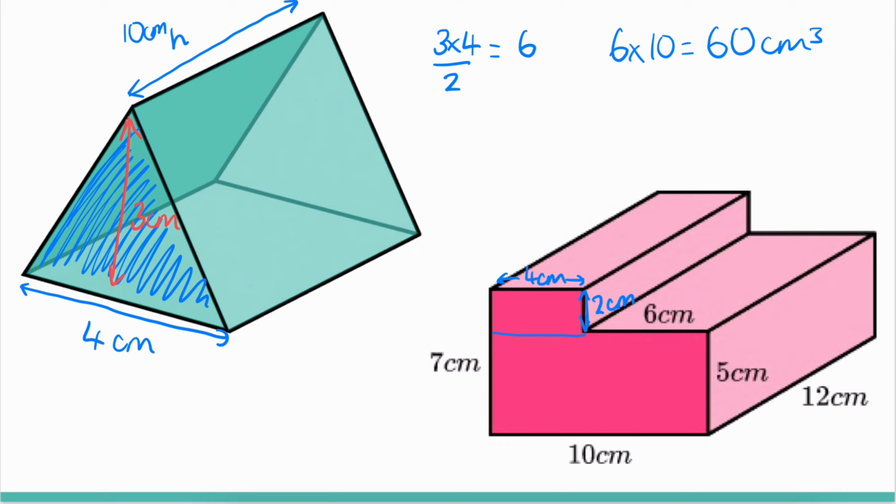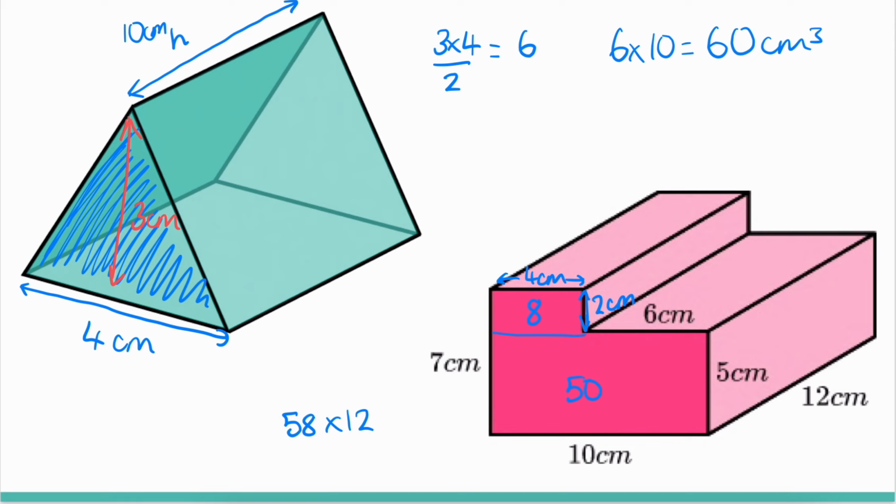So this first top rectangle is 4 times 2, which is 8. And then this bottom one here is 5 times 10, which is going to be 50. So the full area of my L shape is 58, and I'm going to now multiply that area by how far back it goes.